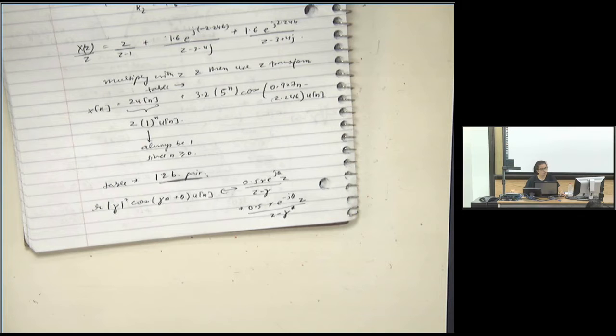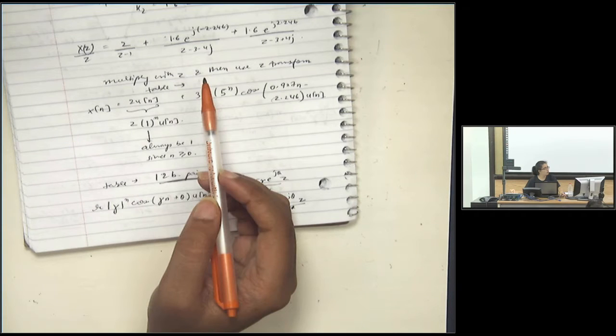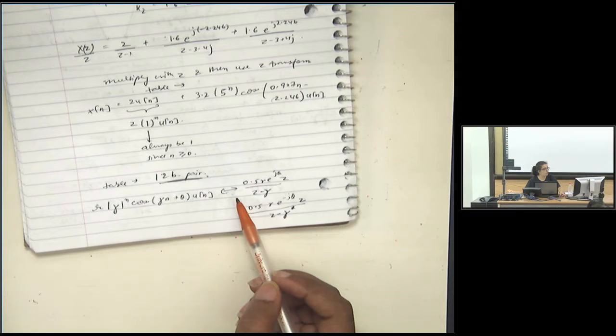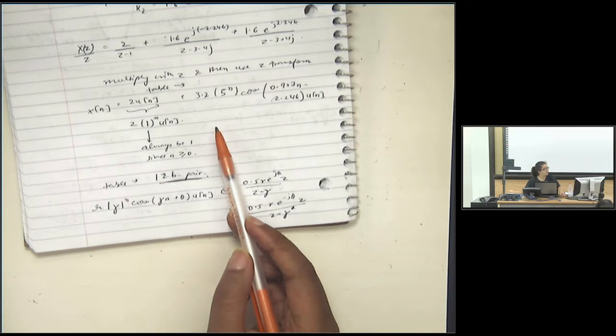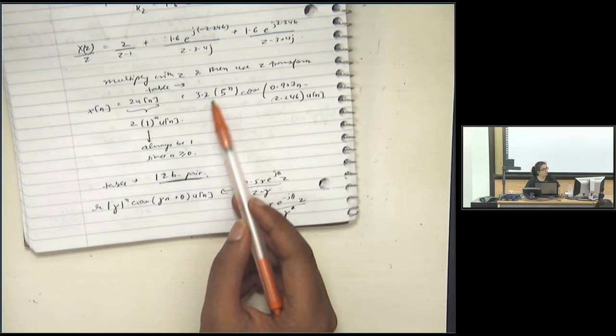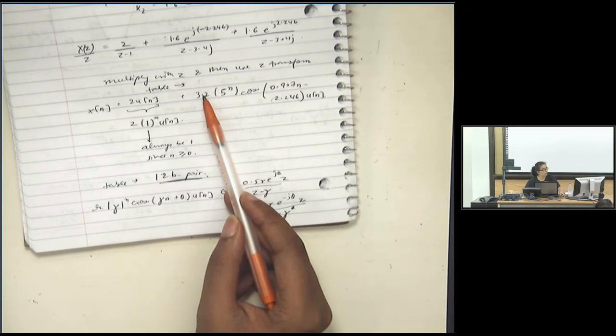So 1.6 is 0.5 into R. Okay, so R will be 3.2. Okay, so that's where you get this from. Make sense?